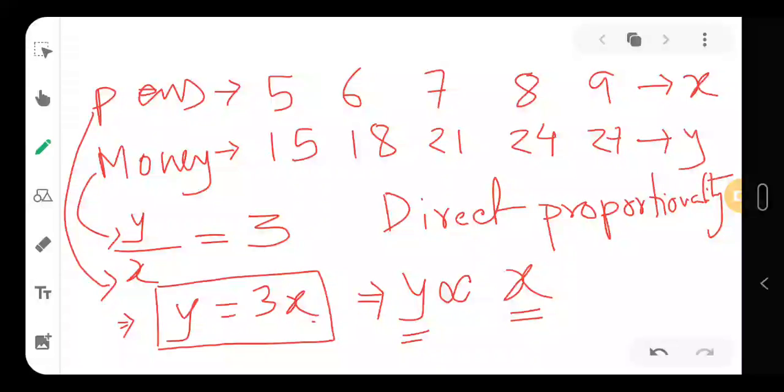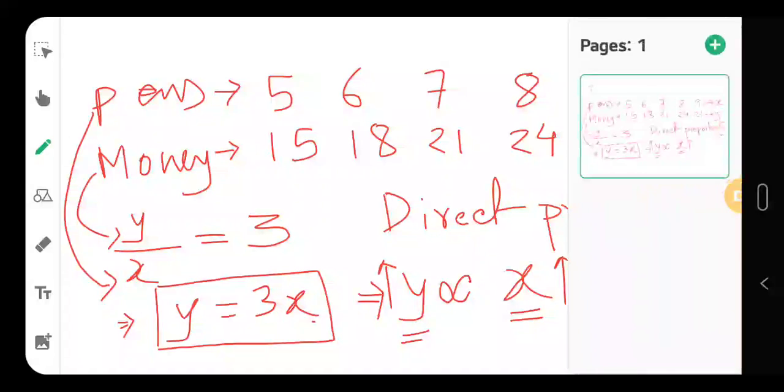That means if the value of x increases, the value of y will increase as well. So what kind of questions or numericals may we have? Let's say these things can come. Let's say there is a bag of rice and there is a price.